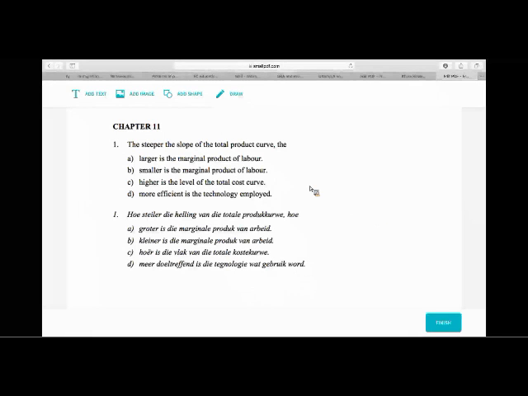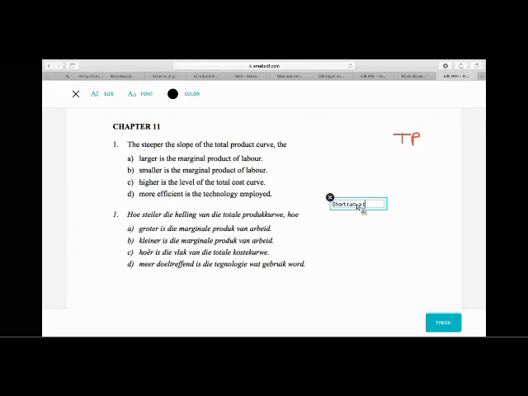So we're going to start with this question about total product, because this is where chapter 11 starts. It starts with this discussion that if you're in the short run, and what we mean by the short run is that either your units of labor or your units of capital are fixed. So I'm just going to write that down so it's in your mind.